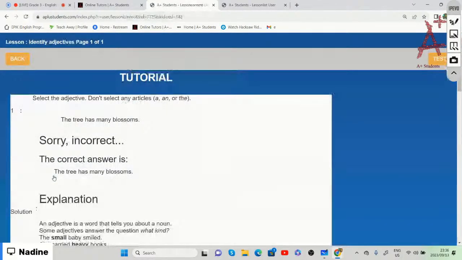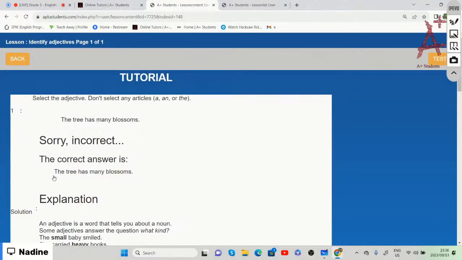All right, so now we are going to go on to the last lesson where we are going to identify adjectives. When it comes to selecting adjectives, we do not select any articles. An article is not an adjective, which means that articles such as a, an, or the are not adjectives.